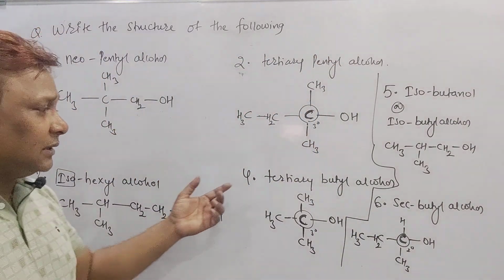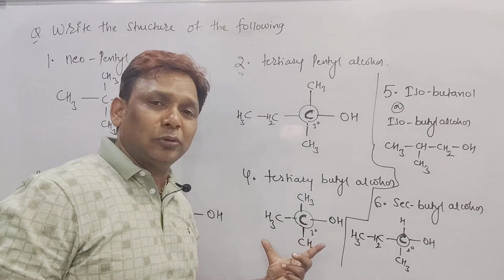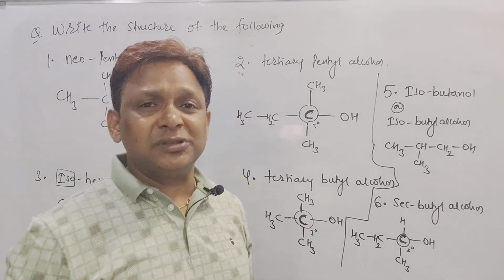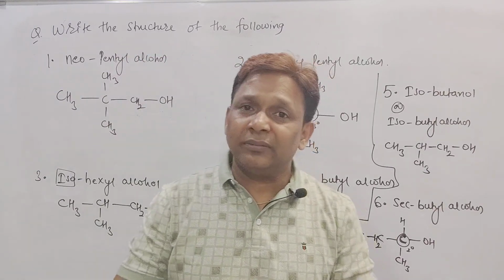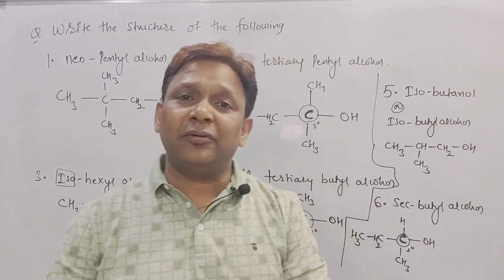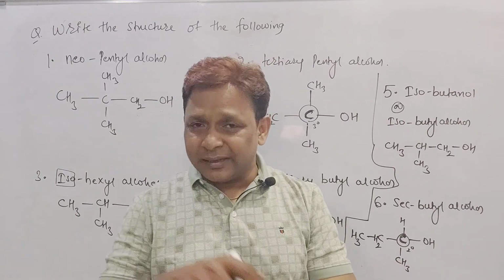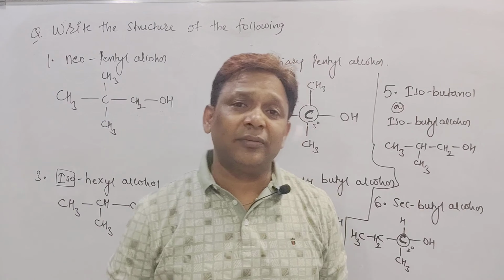If they give this type of name, like a tertiary butyl alcohol, we should know how to draw the structures, and after drawing the structures, according to the rules of IUPAC, we are able to write the IUPAC name of the compound. So beta, till now in this nomenclature part, I completed 2 videos, where in the previous part I have given some basic part, means what is the root word and all, and in today's video I have given the types of the alkyl group.